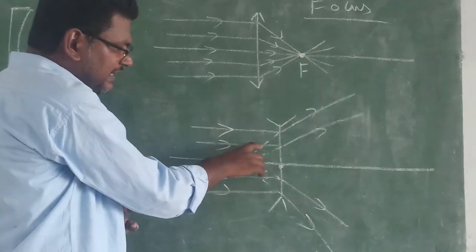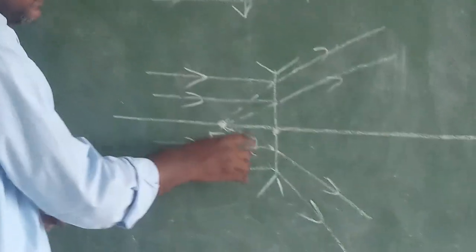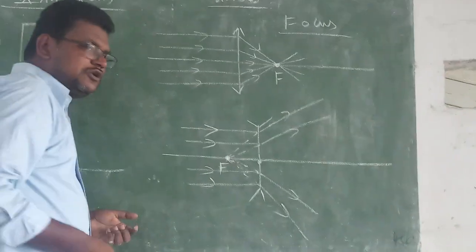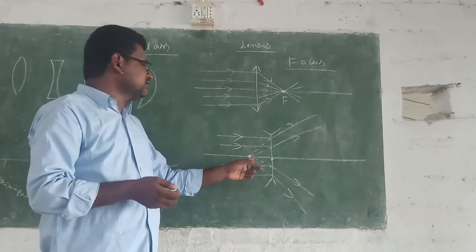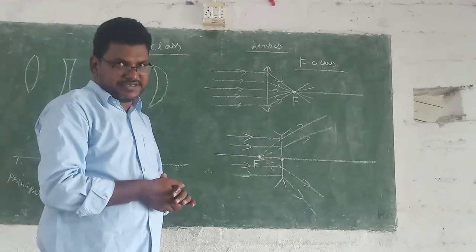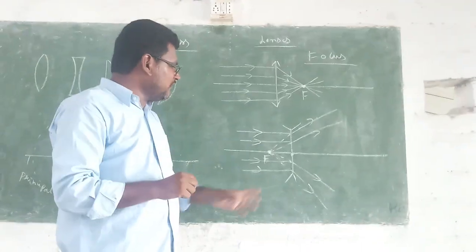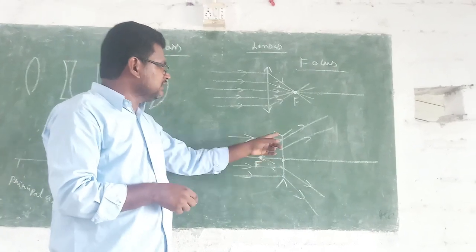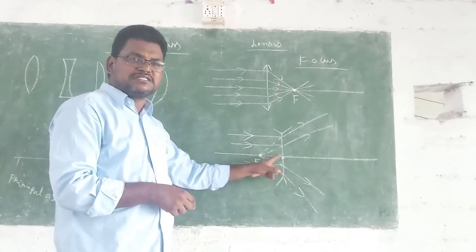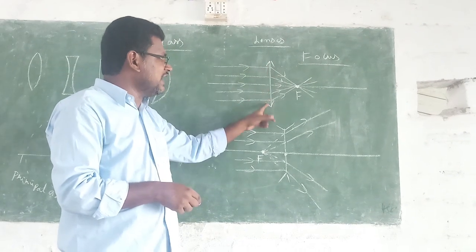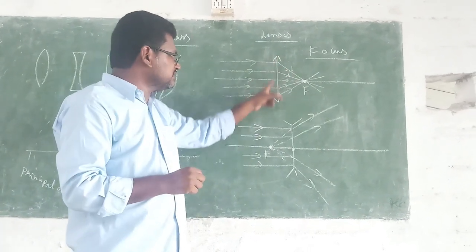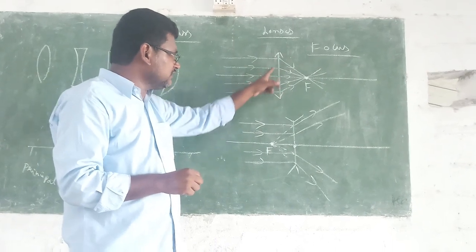See here, the extended refracted light rays intersect at this point, and this is called a virtual focus or a virtual focal point. That means we have a virtual focus in the case of a concave or diverging lens, whereas we have a real focus or focal point in the case of a convex lens.